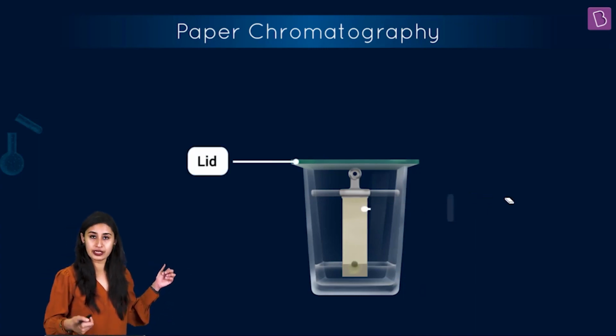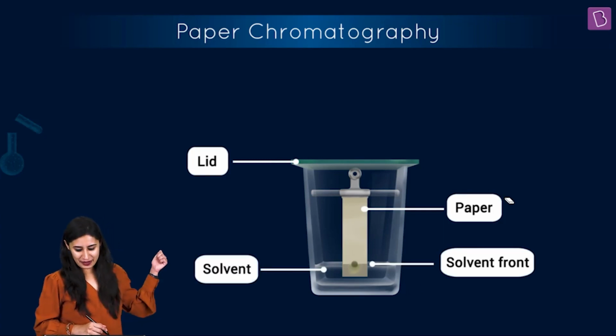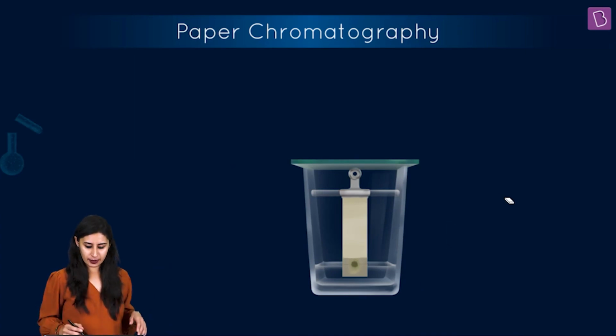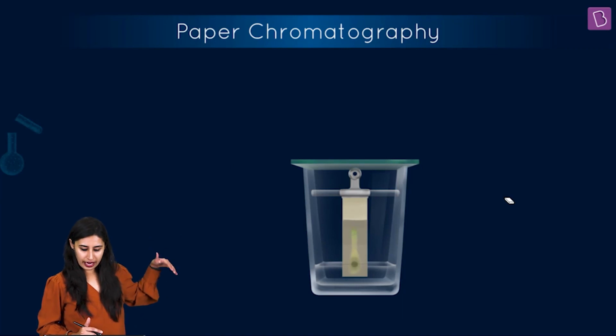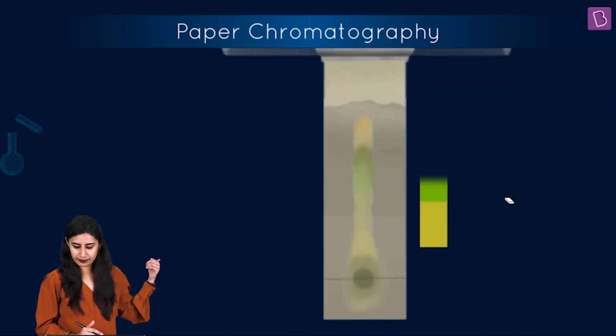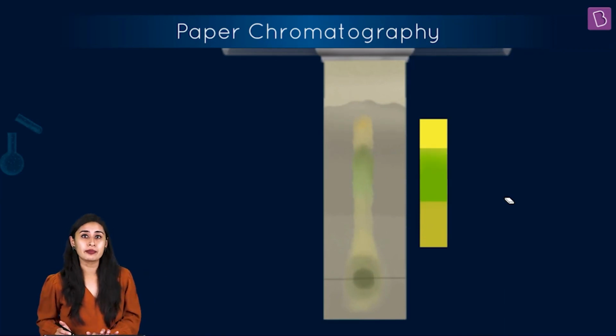So we have this paper in which trapped are the water molecules, right? So paper, solvent front, solvent, and the lid is there to keep it undisturbed. You can see the solvent front moving, and you can see the separation also happening, right? This paper so developed is called a chromatogram.